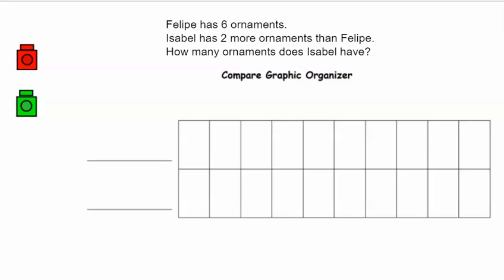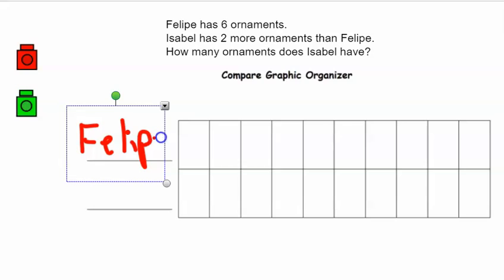So here we are at our graphic organizer, and we are going to use this again to help us represent the thinking here. So Felipe has 6 ornaments. Can we use this one and label it Felipe? So, what do we know about Felipe?